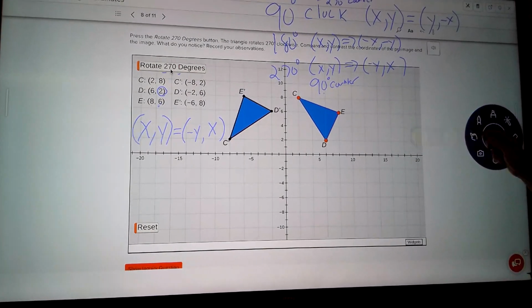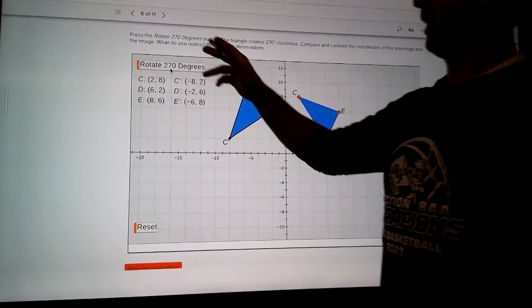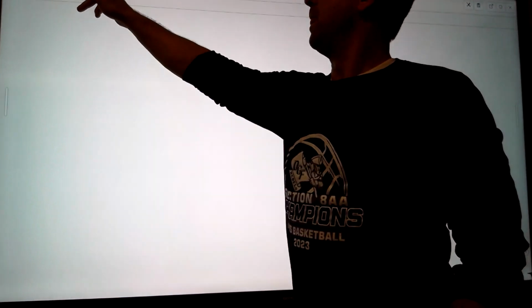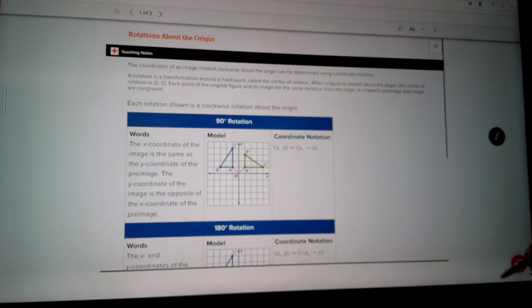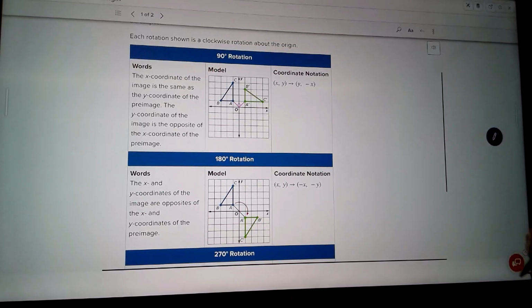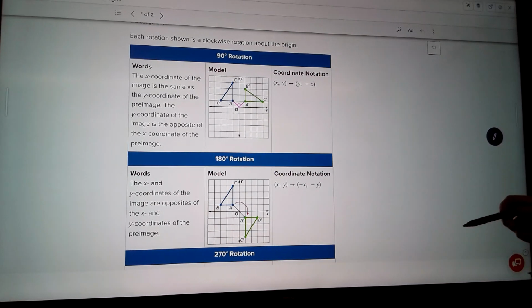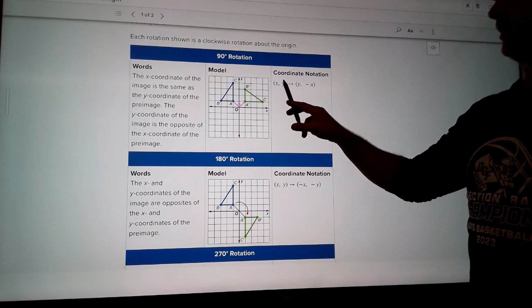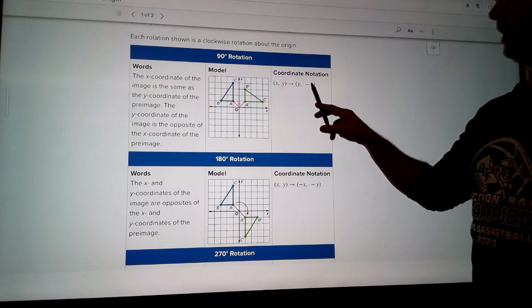Okay, let's try some examples, knowing what we have here. 90 degree rotation, just examples of it. We went from x, y to y, negative x.